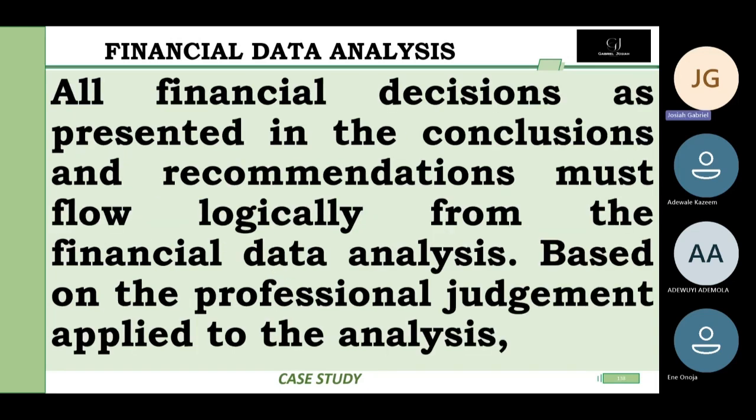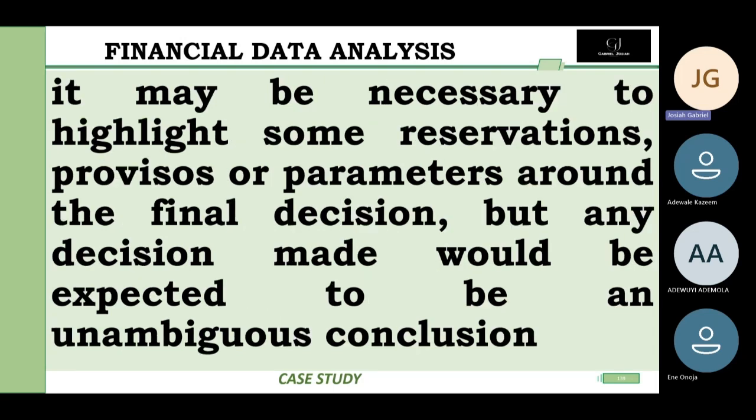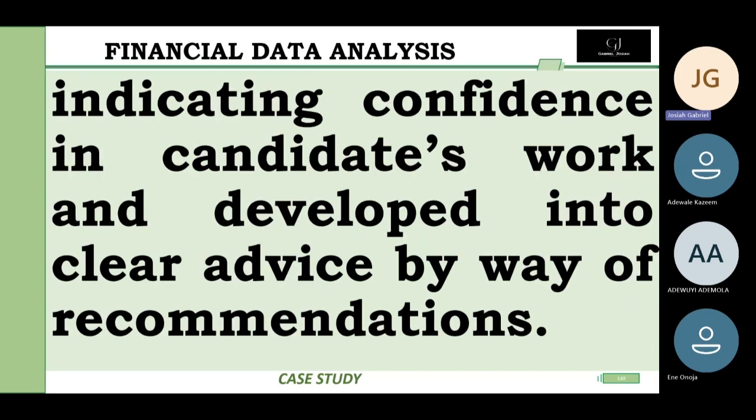So all financial decisions are presented in the conclusions and recommendations. They must flow logically from the financial data you've analyzed, based on the professional judgment you've also applied to the analysis. And it may be necessary to highlight some reservations, provisions, or parameters around the final decision you are making. Any decision you make would be expected to be an unambiguous and clear conclusion, indicating confidence in what you have done.